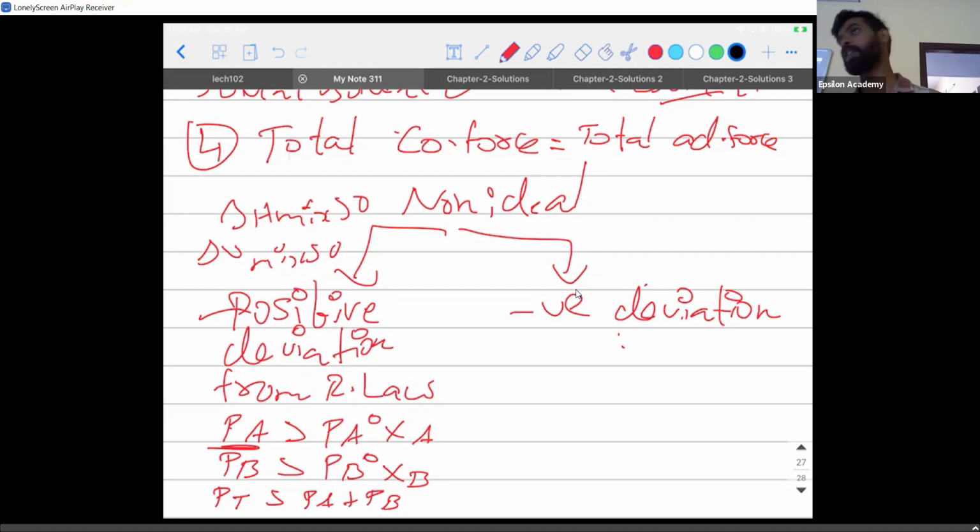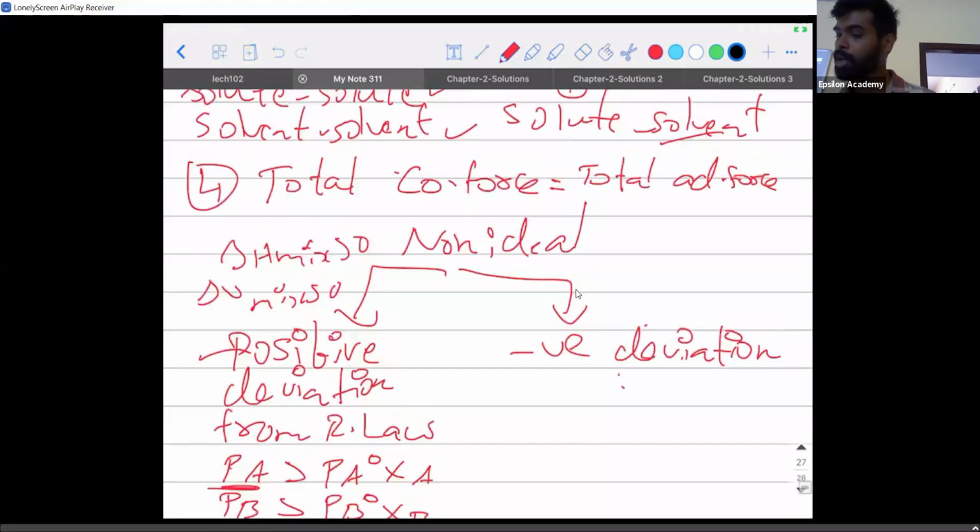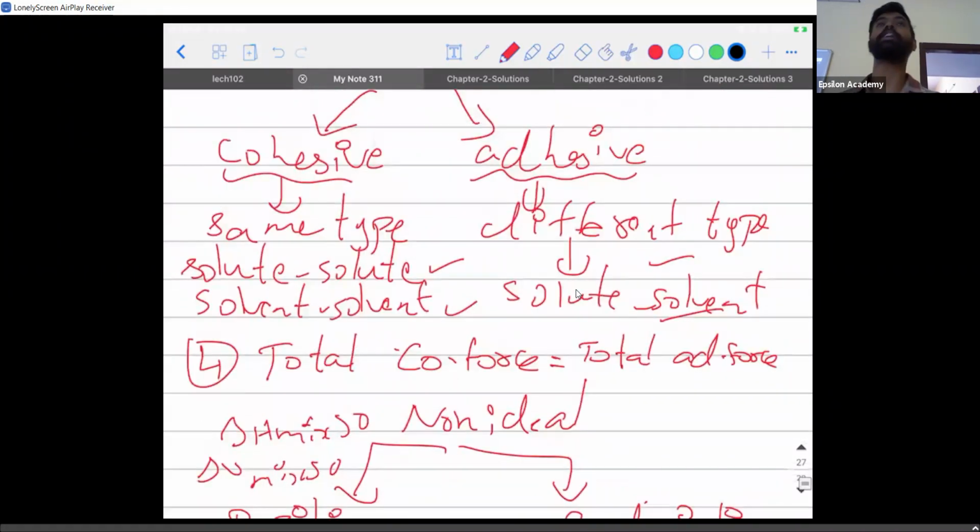So, what do you mean by cohesive force? Cohesive force, I told you, is in the solute and solvent. You cannot do anything much about it because they are by their own nature. Now, when I'm going to mix them together, the vapor pressures of A and B are increasing more than their pure vapor pressure.